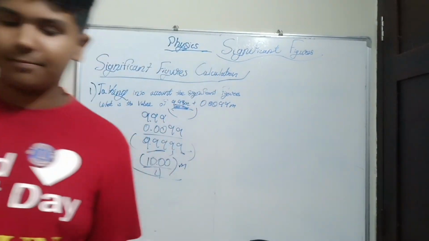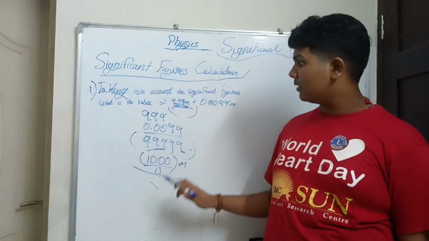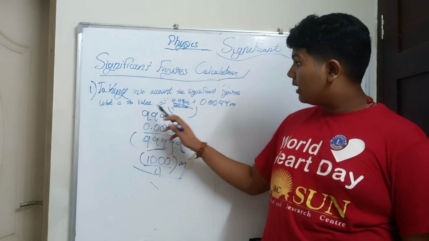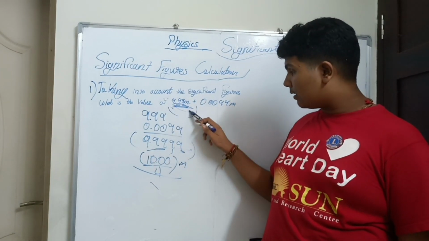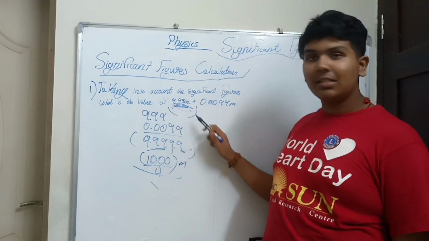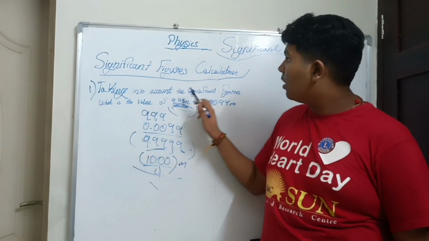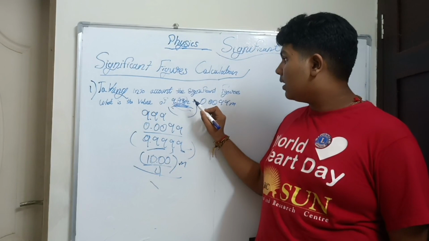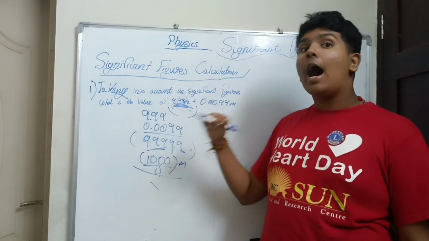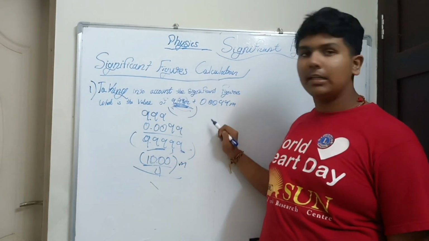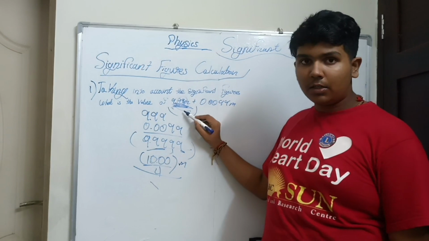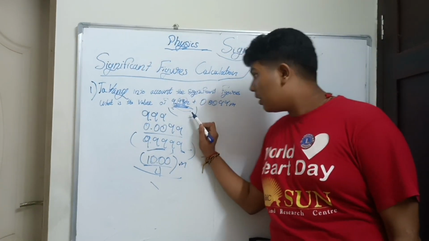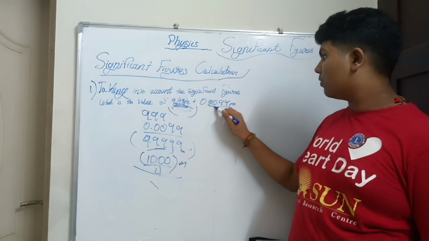Now moving on to the next. The reason why we put 4 significant figures is that in this figure there are 3 significant figures as I told before. But what matters the most is the significant figures after the decimal point, on the right side. You can see here there are 2 decimal places, but here there are 4.